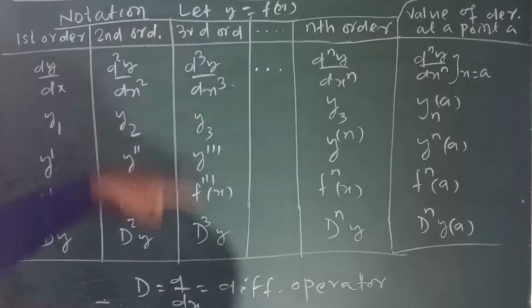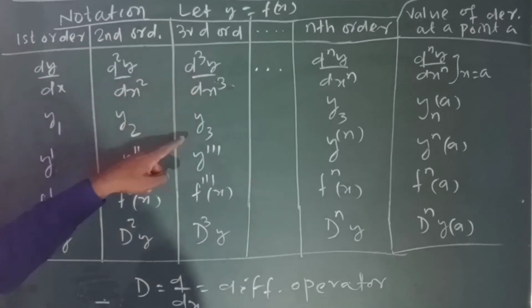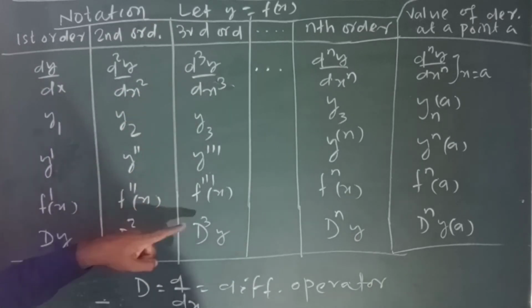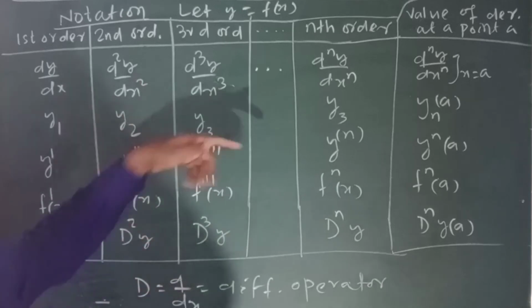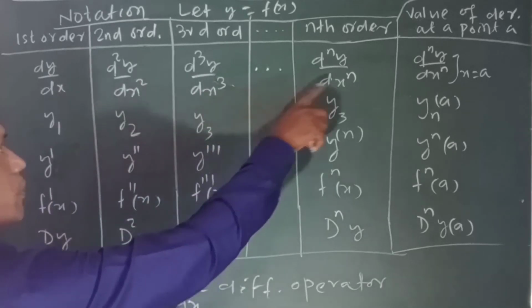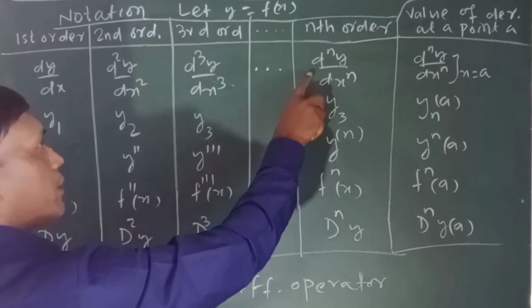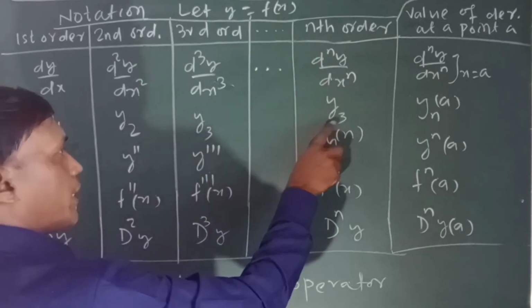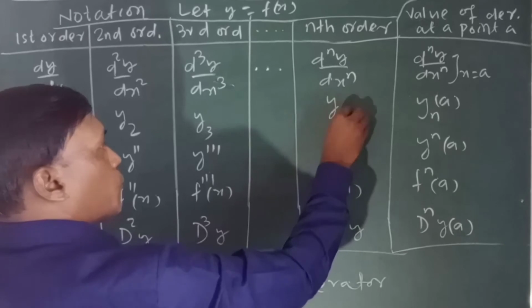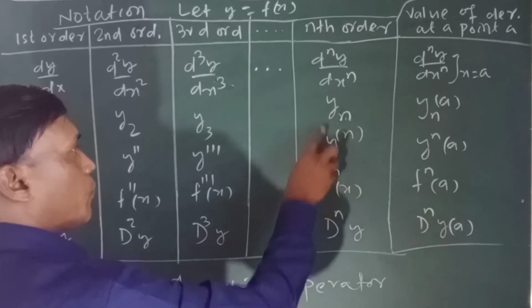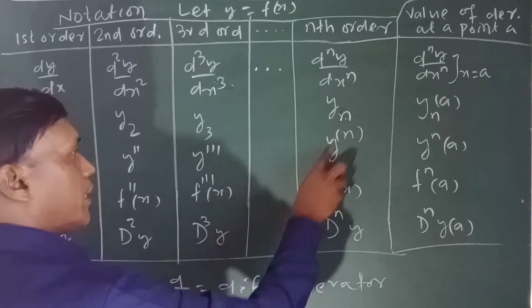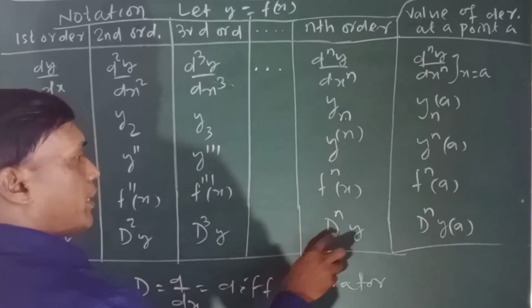And similarly, the third order derivative is d cube y by dx cube, y3, y triple dash, f triple dash x, or D cube y. And continuing in this way, the nth order derivative is d^n y by dx^n, yn, f^n x, or D^n y.